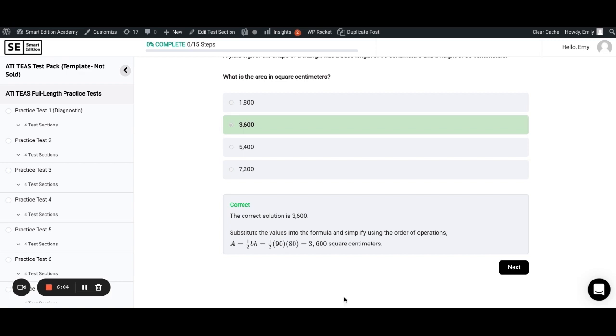The formula for area is A for area equals 1/2 of the base multiplied by the height. So B is for base, H is for height. So if you know that formula, then this problem is probably a piece of cake for you because all you need to do is plug in the variables, which is how you get 3,600 square meters.